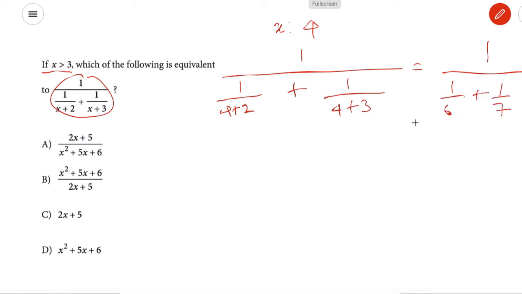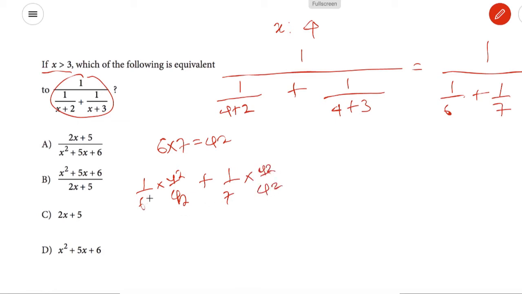Now usually, from what you've learned about how to add fractions, you multiply both the top and the bottom of each fraction by the product of the denominators. What does that mean? 6 times 7 is equal to 42. So you multiply 1 over 6 by 42 over 42, and you multiply 1 over 7 by 42 over 42.